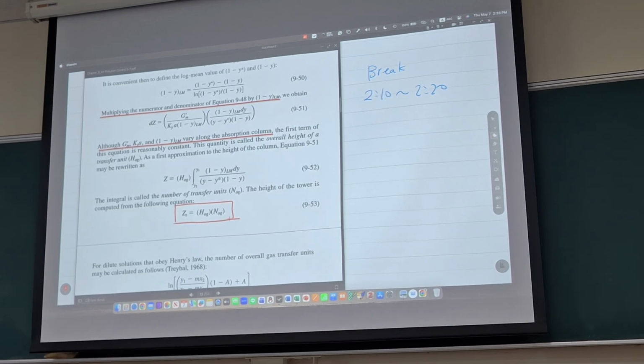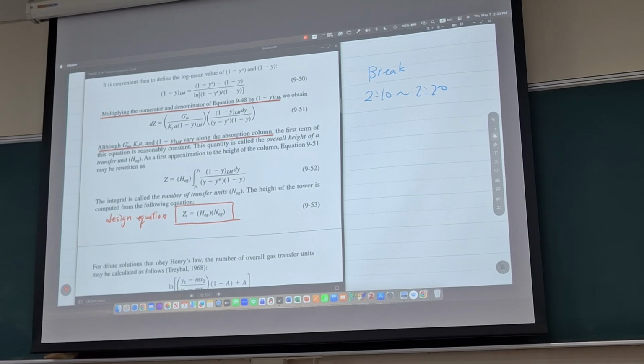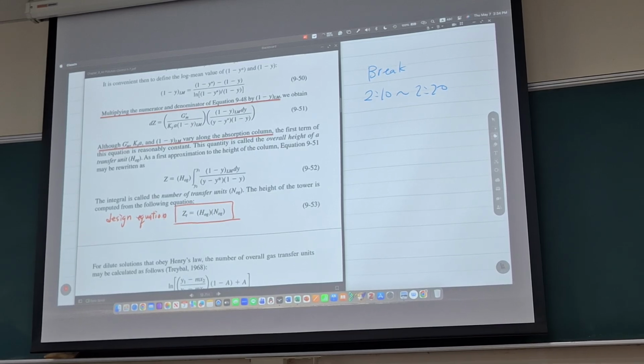This is the design equations. Students, 9-53 is the design equations. And this is the most important one. So this equation means how tall you need to build for this.